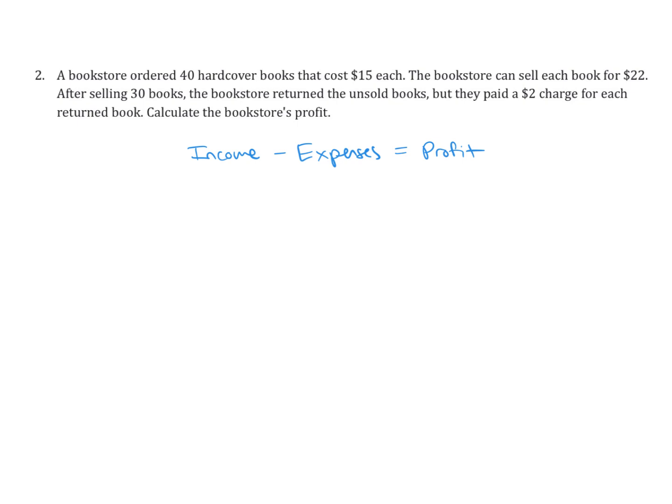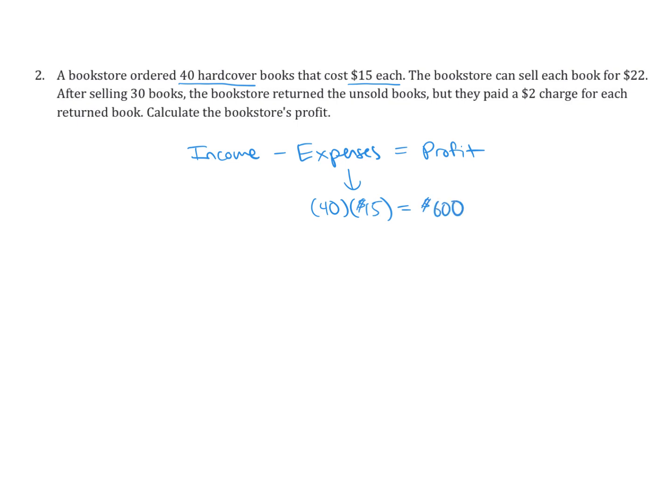So in this problem, their expenses, well, they ordered 40 hardcover books that cost $15 each. So that's the money they spent right up front. 40 times $15 each gives us $600.